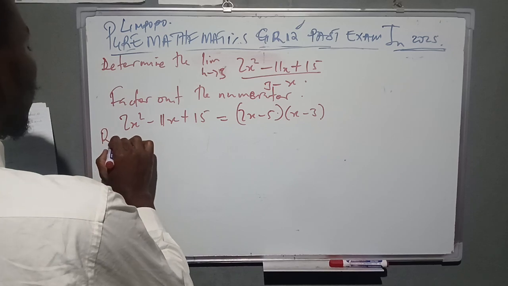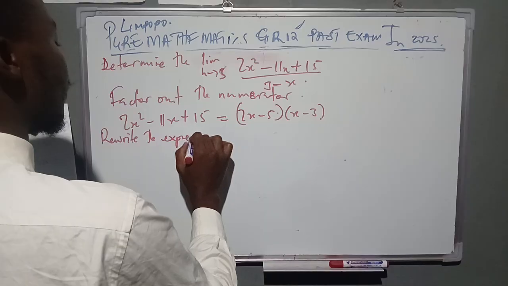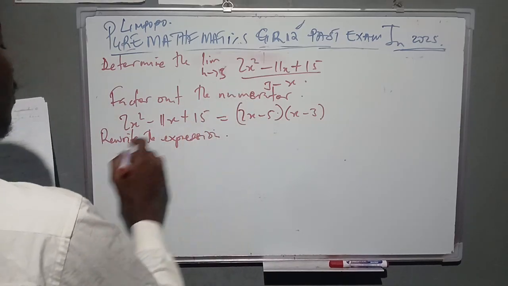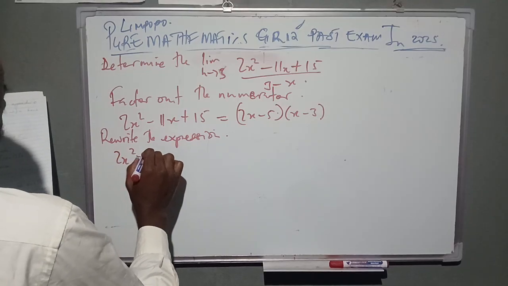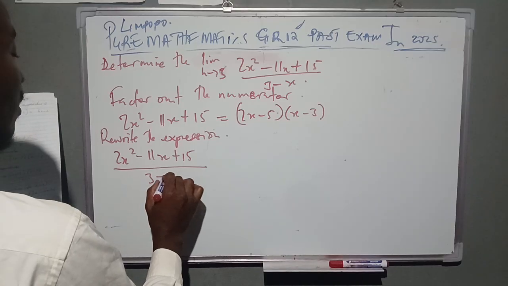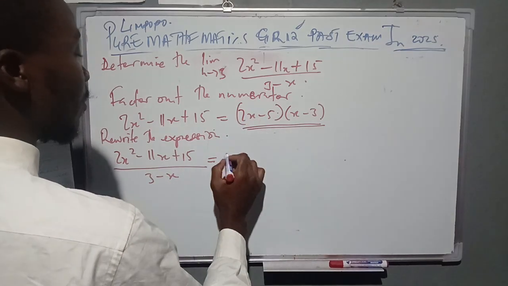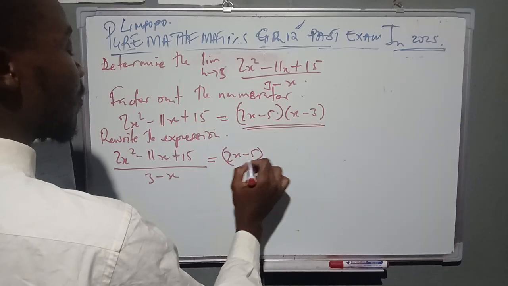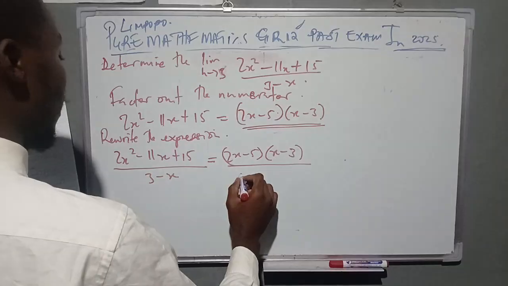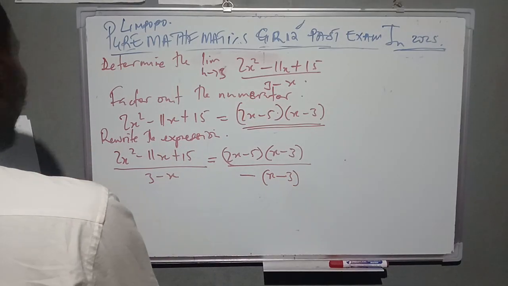Then from there, let's rewrite the expression. So we can say 2x squared minus 11x plus 15 over 3 minus x equals 2x minus 5, x minus 3 over minus x minus 3, like that.